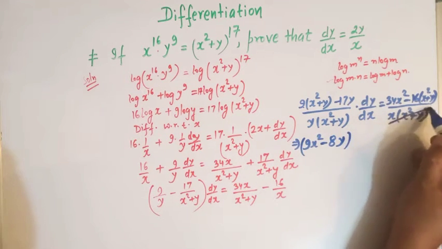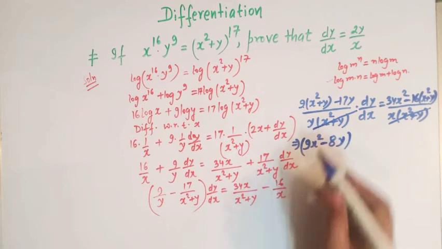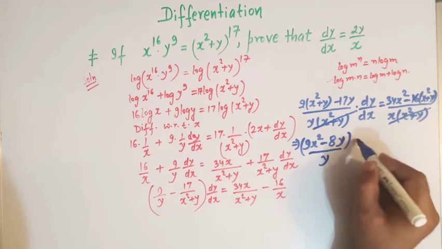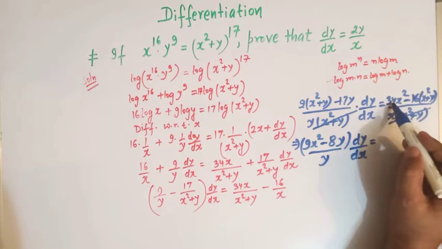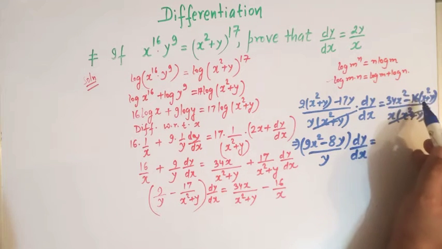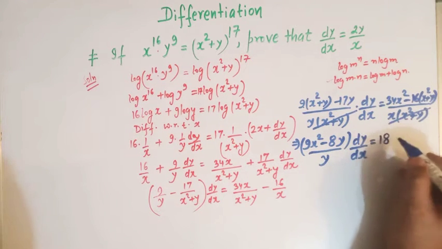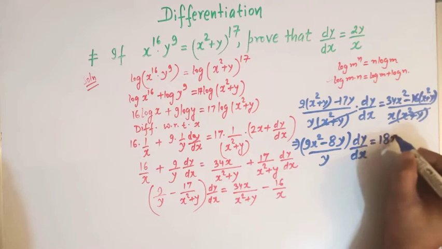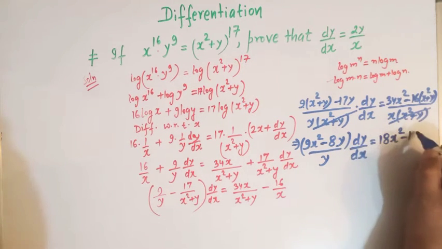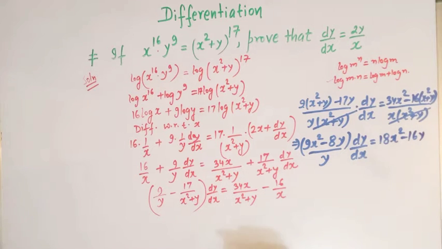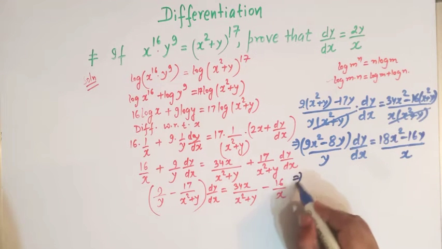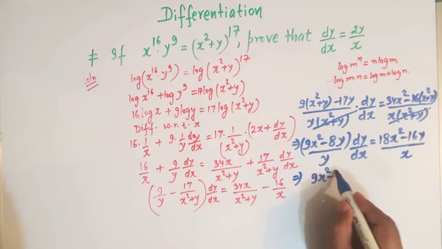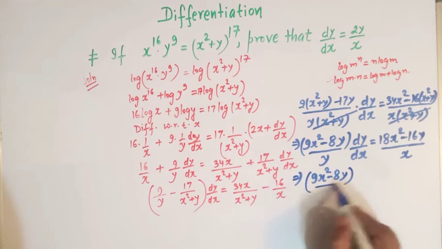This (x square plus y) and (x square plus y) get cancelled, so we are left with y. Then we have dy over dx equal to, this is 34x square and this is 16x square, so minus 16x square, so here we have 18x square minus 16y, divided by x. Now this is 9x square minus 8y divided by y.